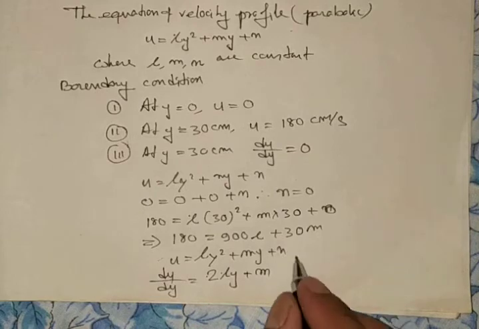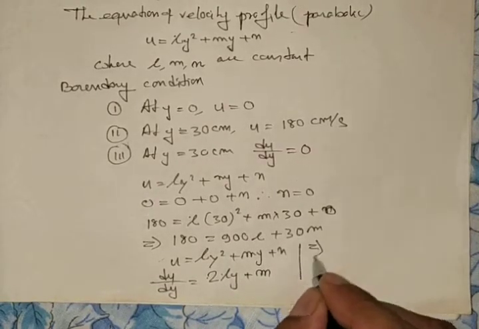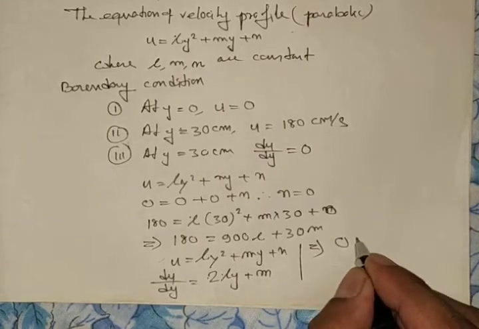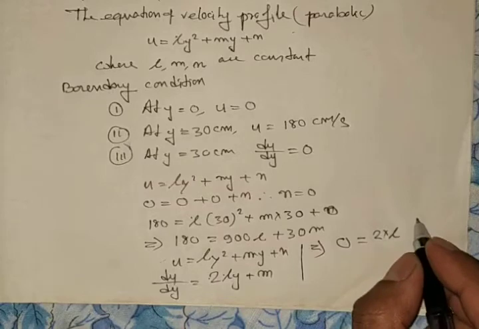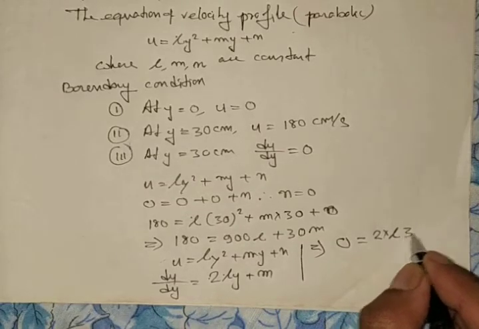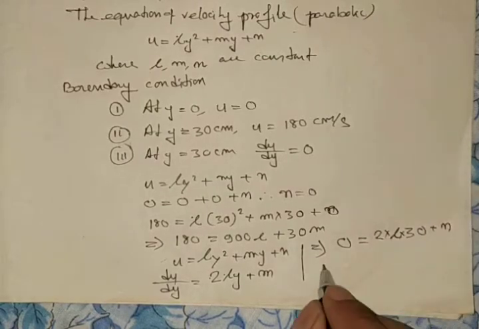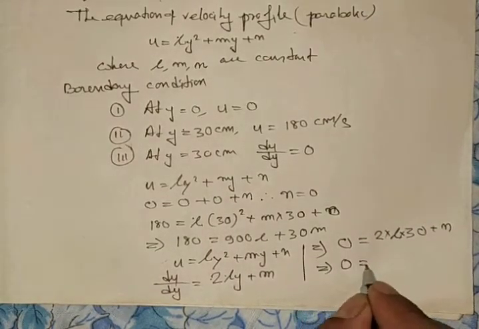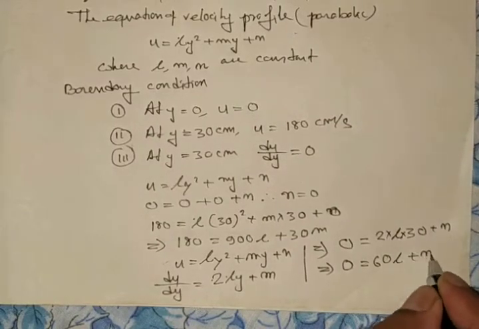Now if I put the value here, this equal to 0, 2 into L into 30 plus m, so 0 is equal to 60 L plus m.